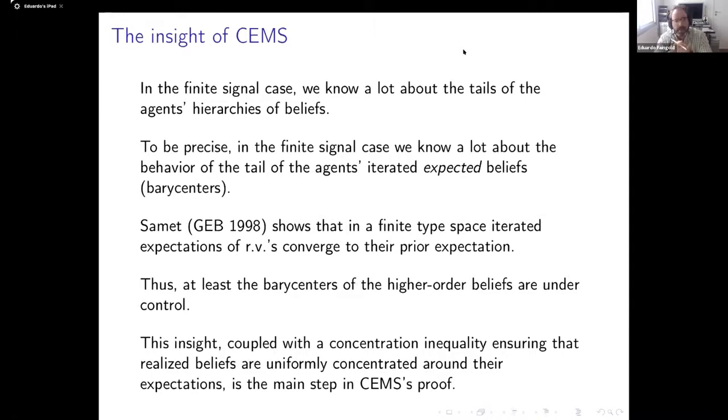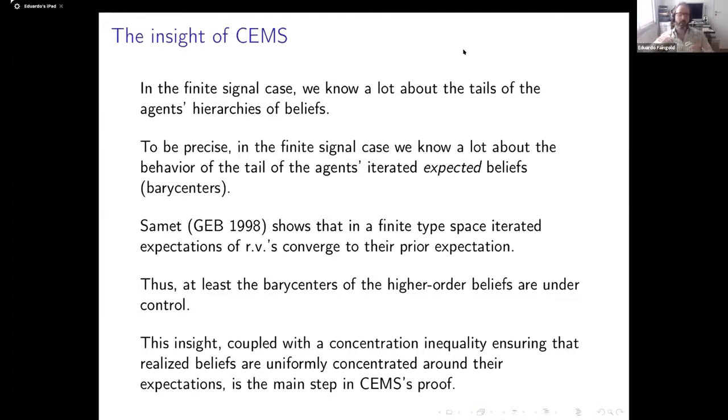There's a nice paper by Dov Samet that shows that if you have a finite type space, then iterated expectations of random variables converge to the prior expectation. So at least these expected higher order beliefs are under control as you go up the levels of the hierarchies. Of course, expected higher order beliefs are not the same thing as the beliefs themselves. Higher order beliefs are beliefs about beliefs about beliefs and so on.